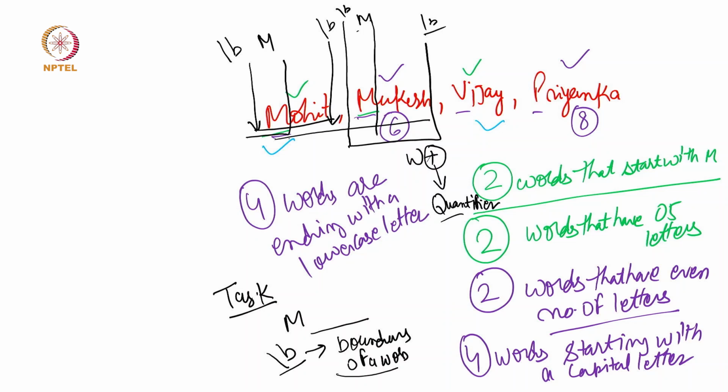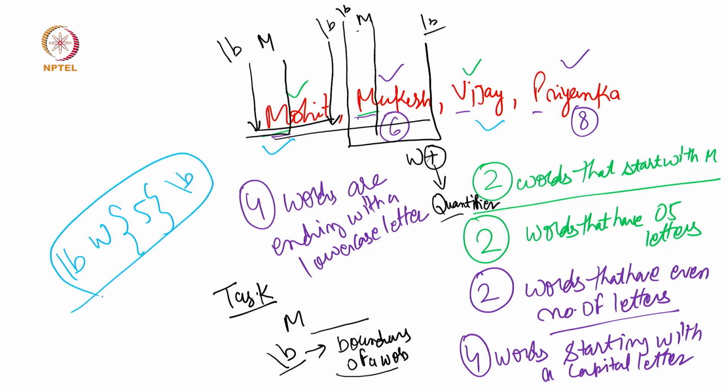How will we define the pattern? We say this is our boundary. After the boundary, we want only 5 letters. There is no restriction whether it is uppercase or lowercase or starts with M. So we simply specify a word character with a length of 5, and then our boundary will be closed. So this will be our pattern.